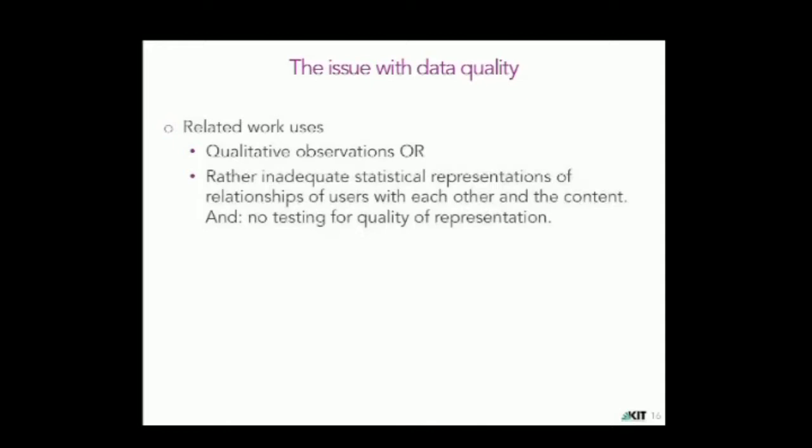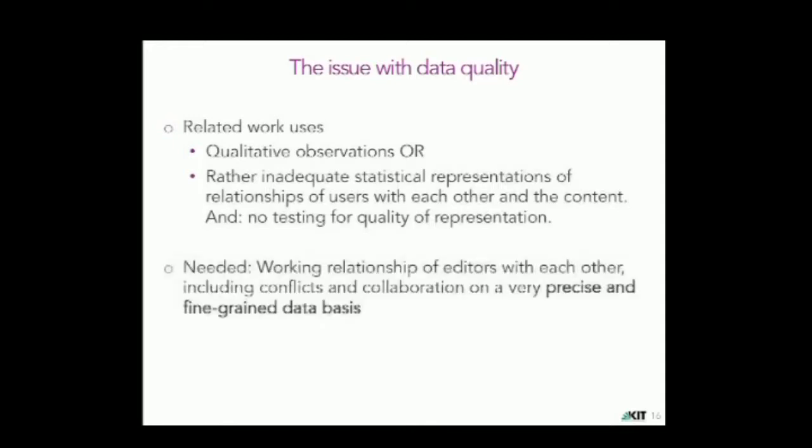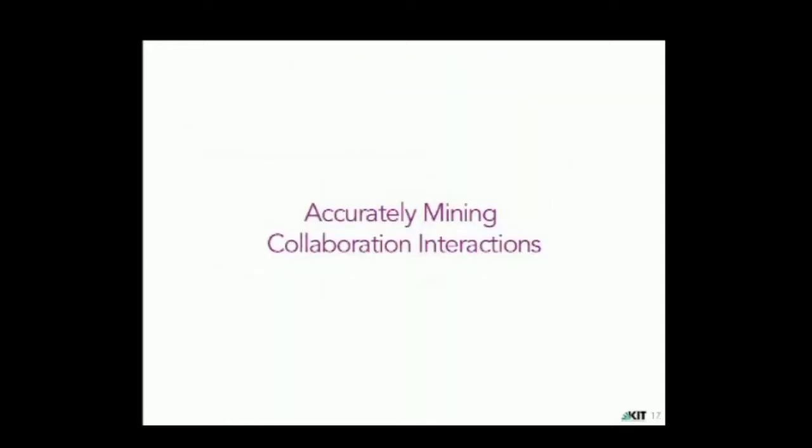It is done very often in very similar ways, but it was not tested. So what we thought is, that's not good enough. We want to have stuff that we know actually represents what's going on. So we want to have very precise and fine-grained databases for this. So that's the mining part of this talk, the second part.